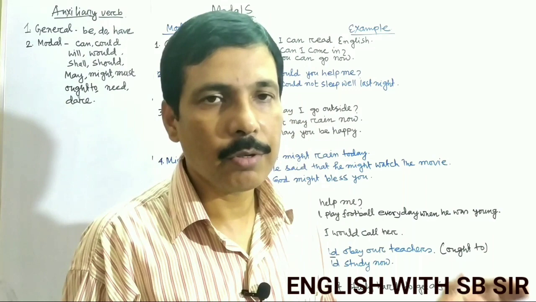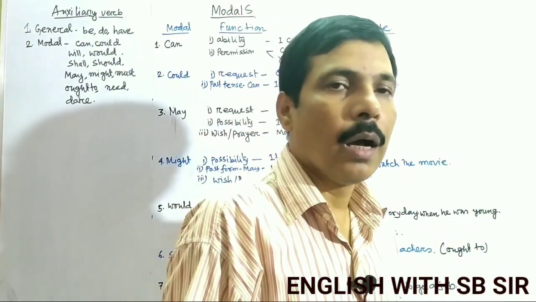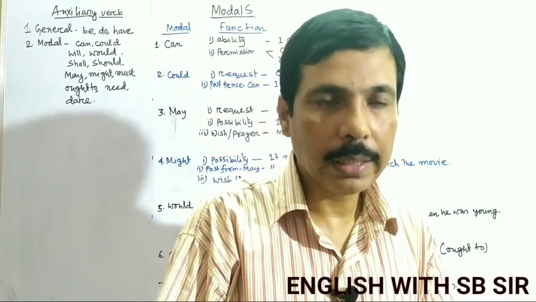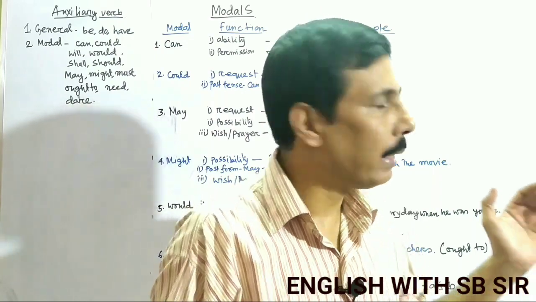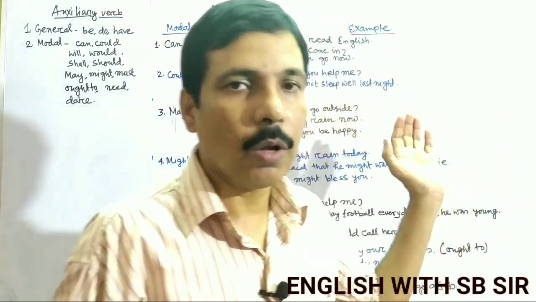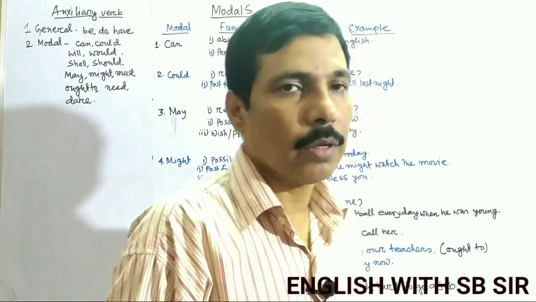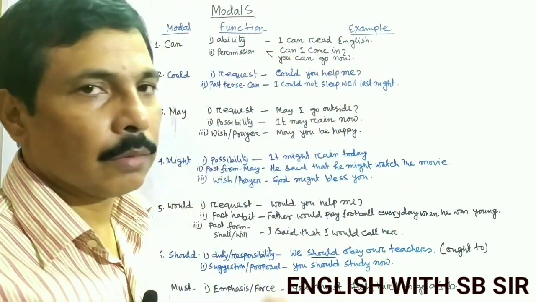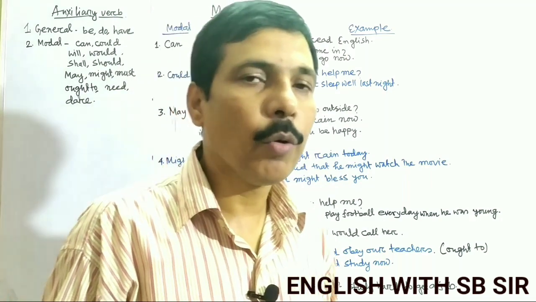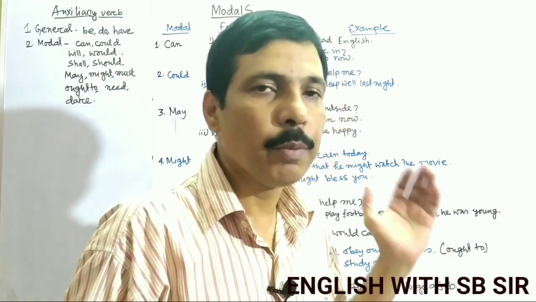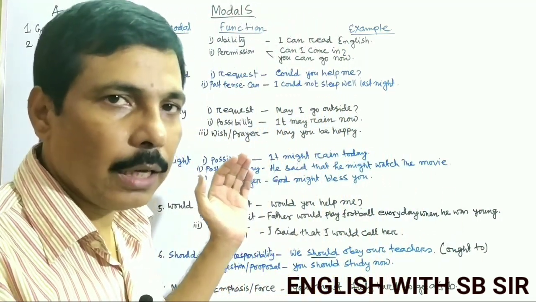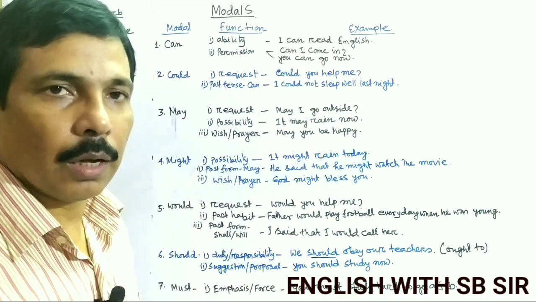Today we will learn about some modal auxiliaries. What are they, when they are used in sentences, what are the differences between them from one verb to another, and for which particular purpose these verbs are used, I will discuss now.